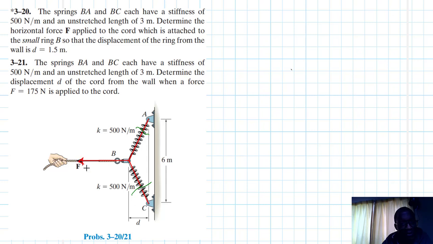Okay, so this one is the force we are looking for, and then we have the spring force there like so. Let's call this BA, which is also here BA, and this one is BC, which is there like so.